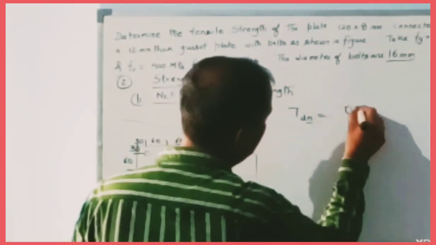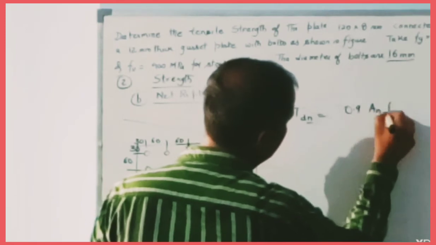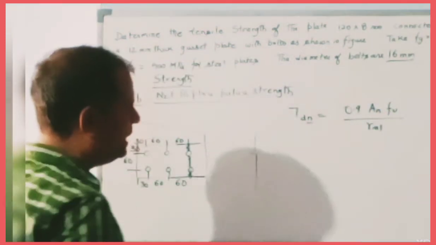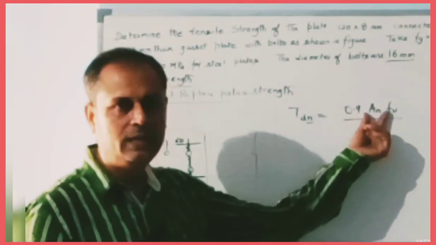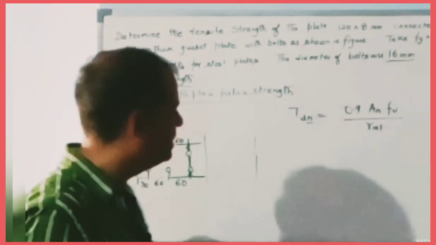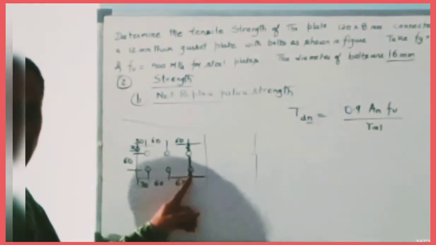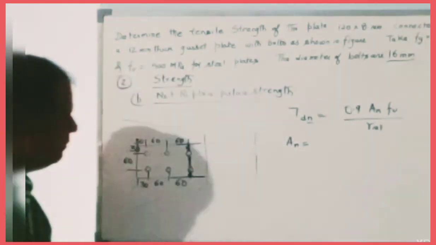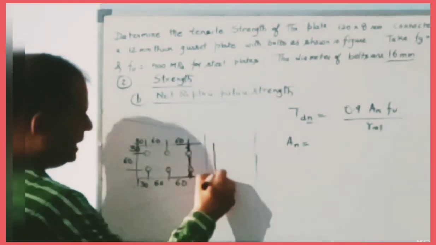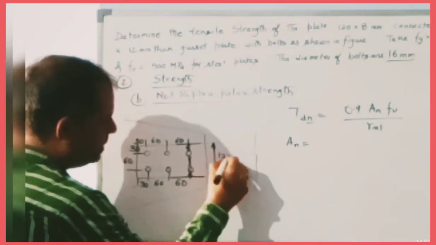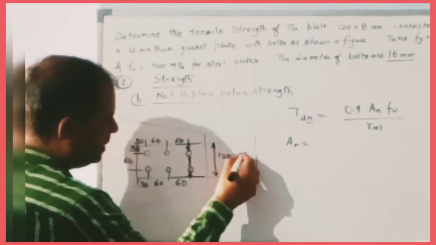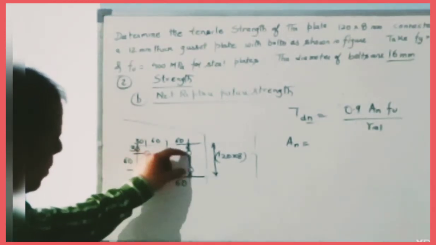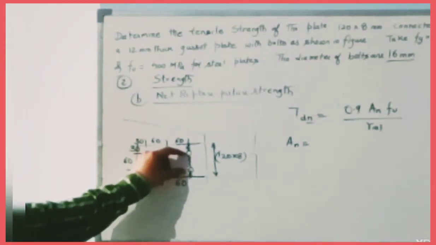So in this case, IS 800 recommends the net rupture failure strength, Tdn, as 0.9 An Fu upon gamma m1. What is important here is to calculate the net area of the section at the point of crack. So An will be: we know the gross area of the plate is 120 with thickness 8 mm, but at the place of net rupture failure, two bolt holes exist.